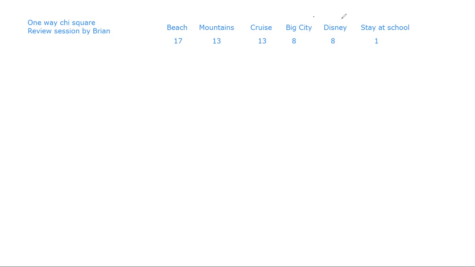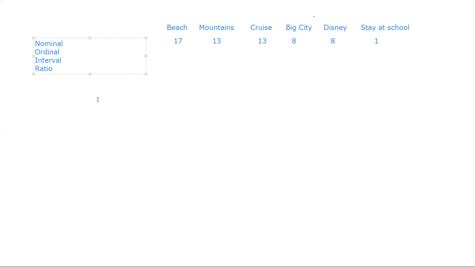So with chi-square, we are not looking at averages, and the reason why is because we have data that can't be averaged. When we first started talking about types of data, right at the very beginning of the semester, we had nominal, ordinal, interval, and ratio.